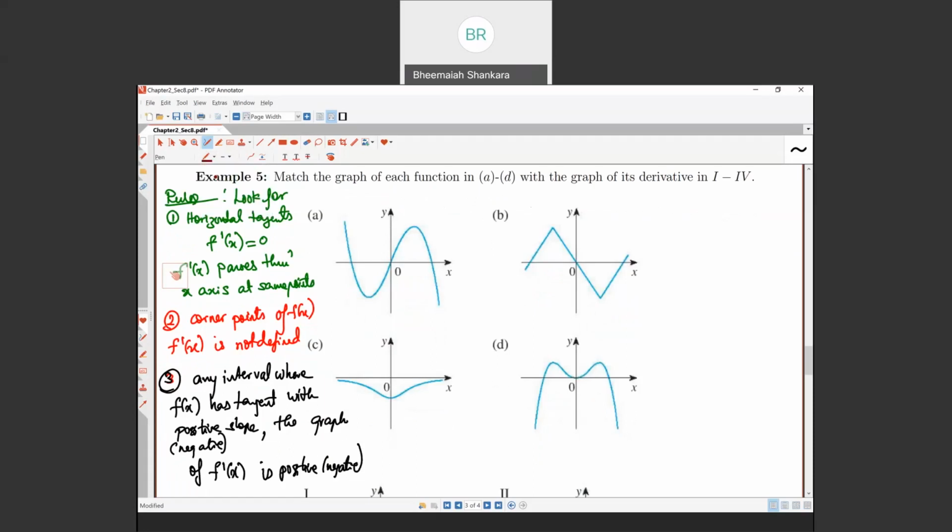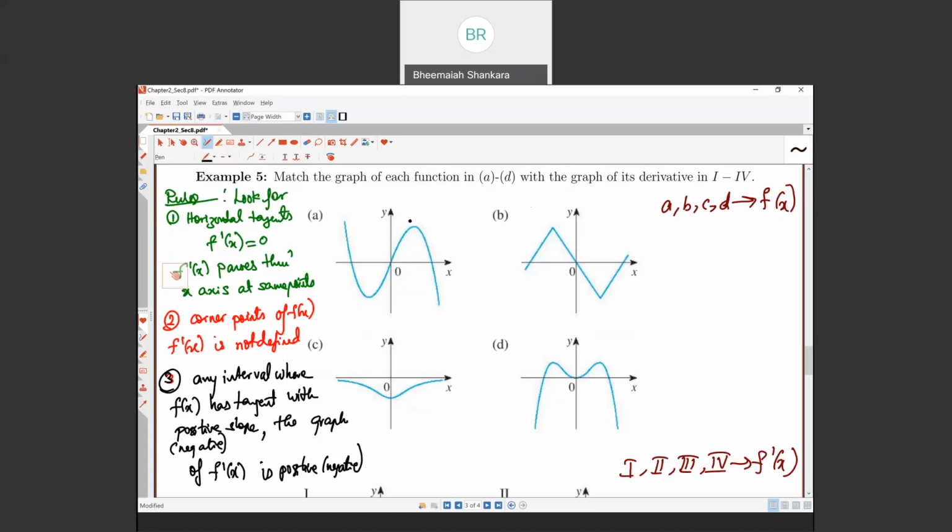So all these A, B, C, D graphs are called the function graphs f of x, and all these 1, 2, 3, 4 graphs are called the derivative graph f prime x. So now let's read the graph A carefully. This is a function graph f of x.